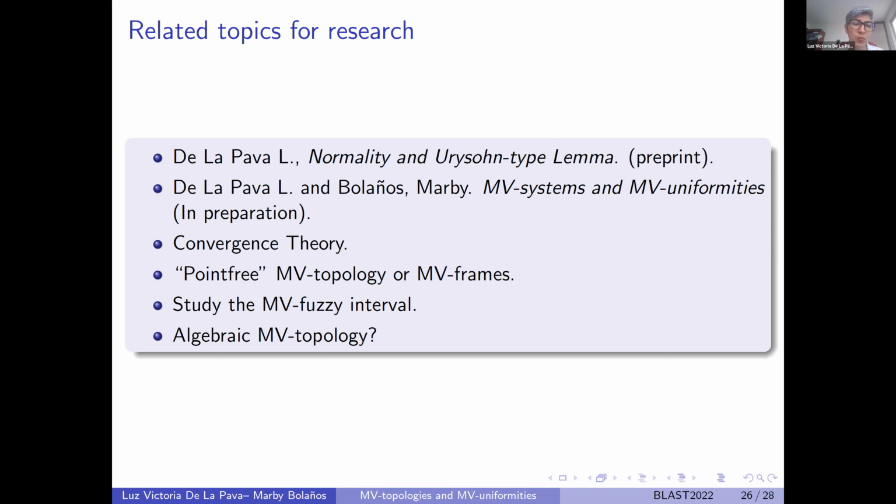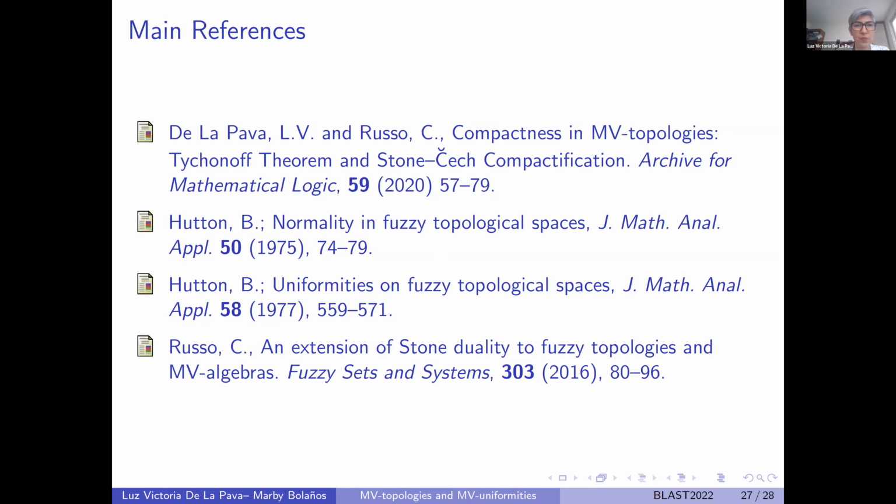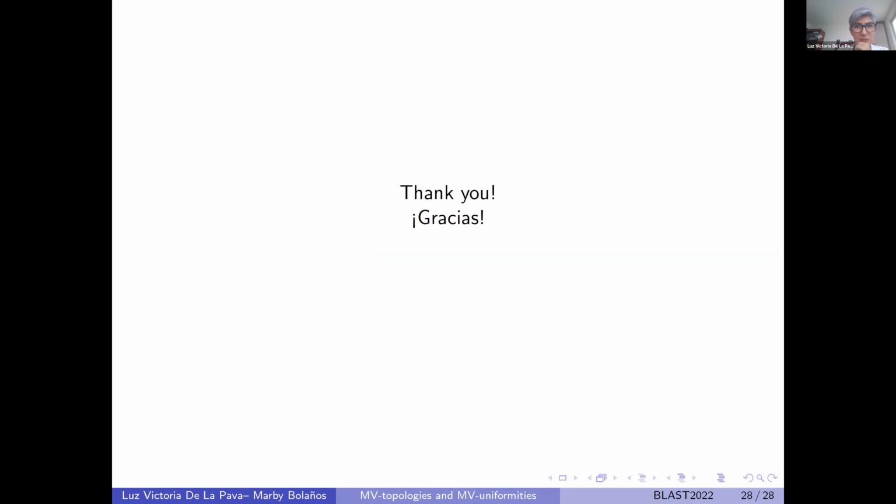We want to investigate too MV topology or MV frames. What is the concept of MV frames? Study moreover the MV fuzzy interval, because maybe we can do something like algebraic MV topology. These are some of the main references. Thank you. Gracias. Any question?